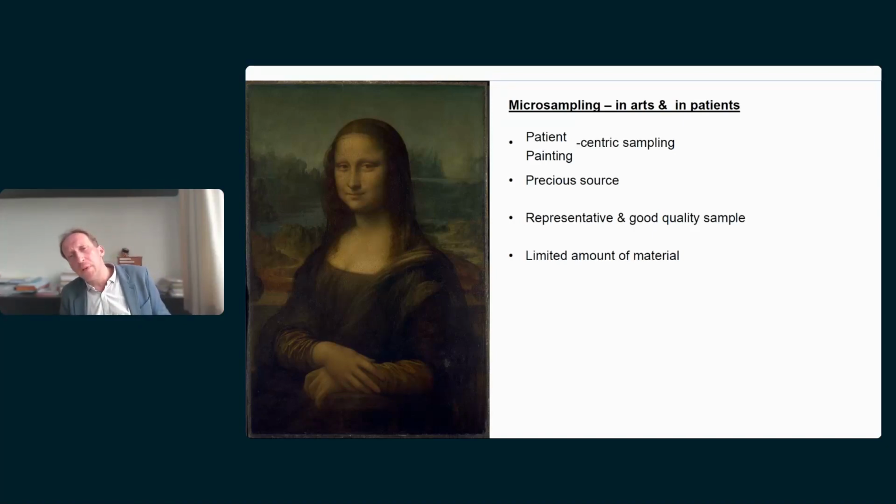To make things concrete, if, for instance, we consider a dried blood spot, which is collected on regular filter paper, the same which is used in newborn screening, and we only take a 3 millimeter punch from that, as is conventionally done. If we then consider a 1 nanogram per milliliter concentration of a certain analyte, that means that this 3 millimeter punch would roughly contain in total only 3 picogram of analyte.